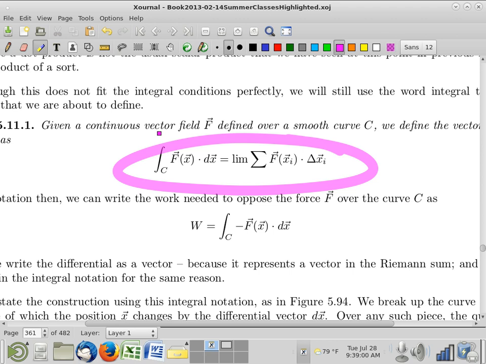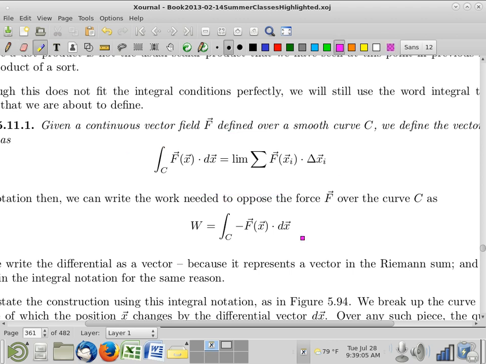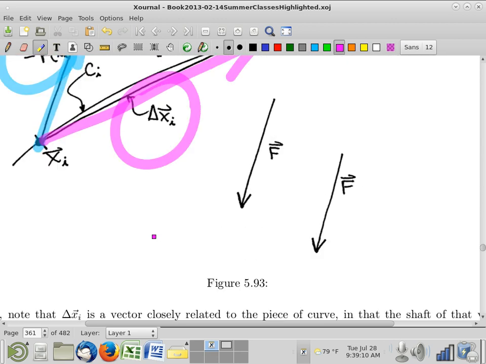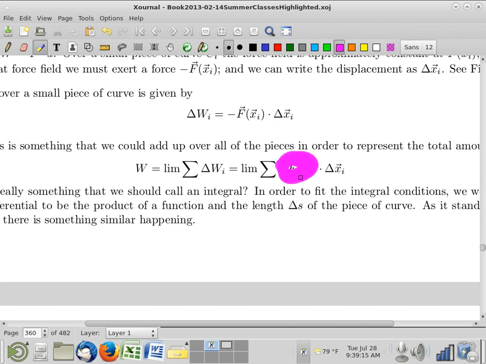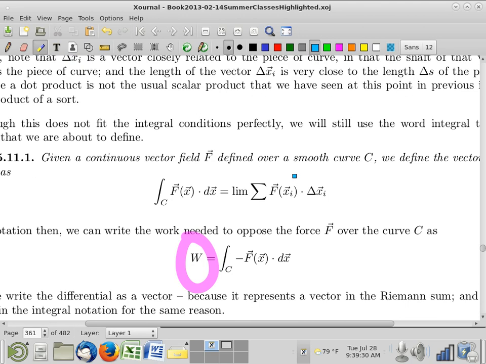All right, is everybody happy? Anyway, that's the deal. In the previous example, we were computing the amount of work that it takes to move along the path. Notice in the calculation we did back here, the vector field that we were dotting with the displacement has a minus sign in it, so it's negative F. That is our integrand in this Riemann sum, and so that work is computed by a line integral of negative F dot dx.